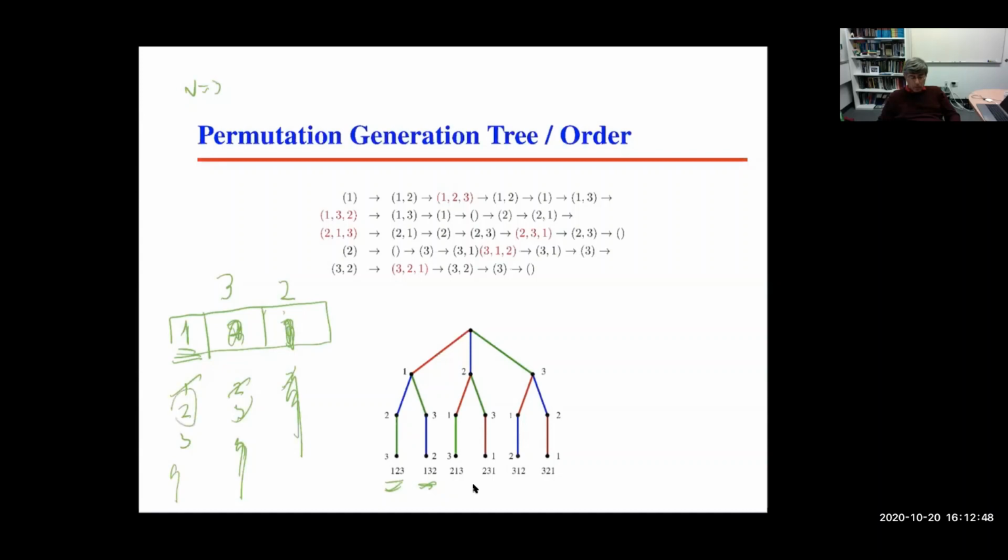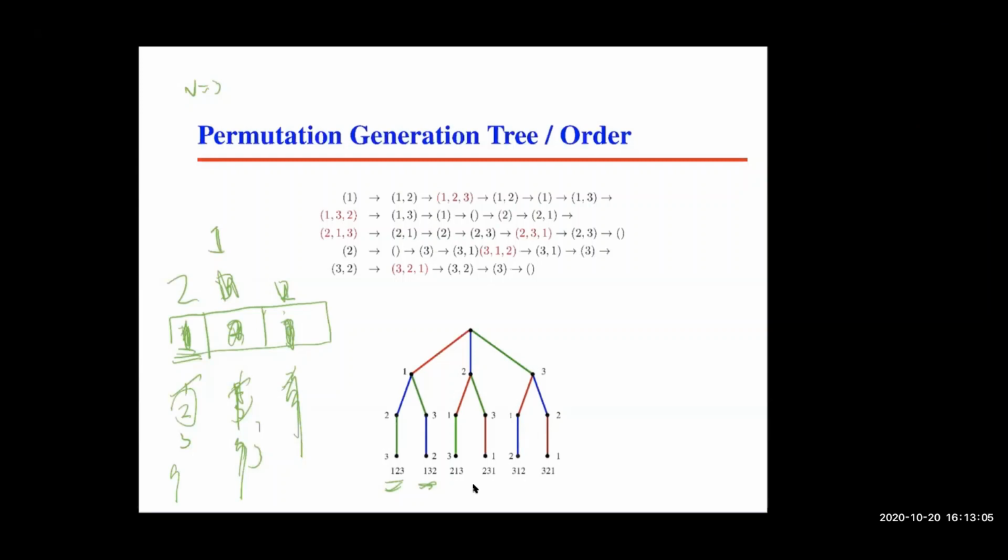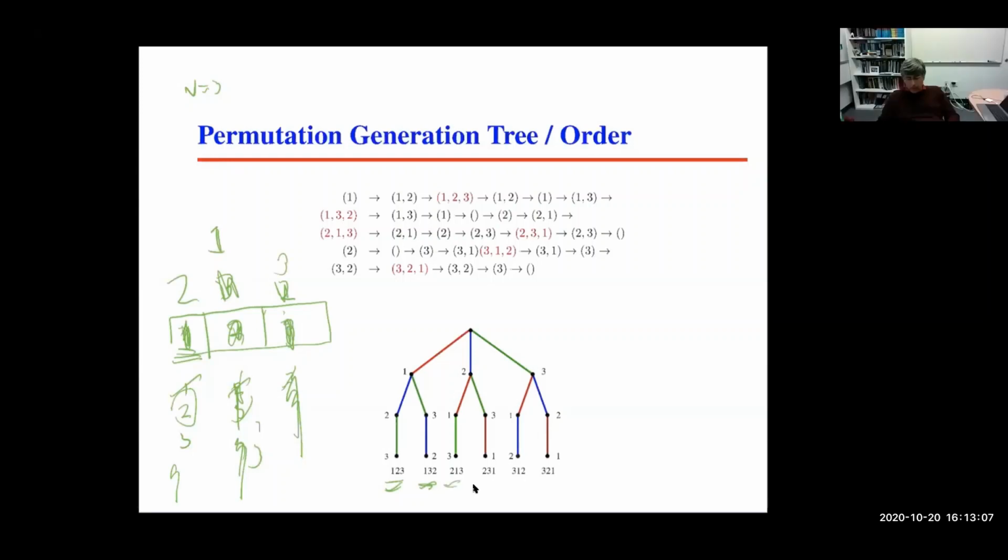Do I have any other choices for the first position? I can put in a 2. If I do that, what are my choices now for the second position? 1 or 3. If I put in a 1, what are my choices for the third position? 3. And ding, ding, ding, I have a solution. Do I have any other choices for the third position?